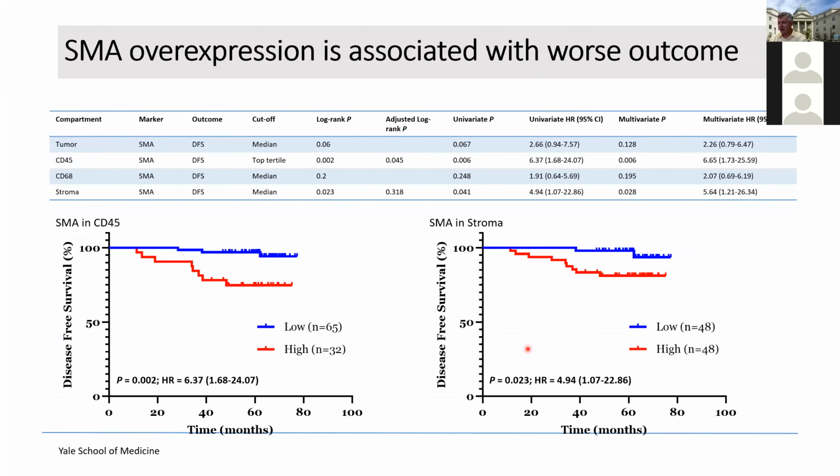Before we validate it, let's look at how each compartment performed in univariate and multivariate analysis, and then with Kaplan-Meier curves. What we saw is the patients with high levels of SMA in the stroma do quite a bit worse on trastuzumab, and the ones that have low levels are more likely to not recur, even though this entire population got trastuzumab.